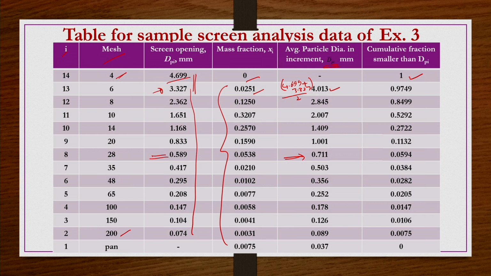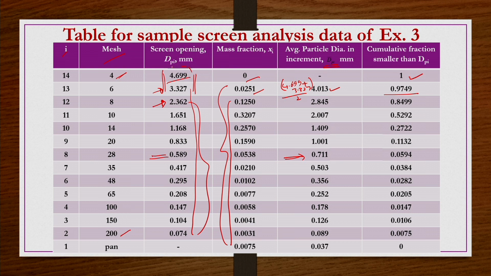Dpi is now 3.327 for this row. Except these two, all others have size smaller than 3.327, so all the corresponding fractions, from here to here, we have to add together. That comes out to be 0.9749. Likewise, what is the fraction of material smaller than Dpi 2.362?